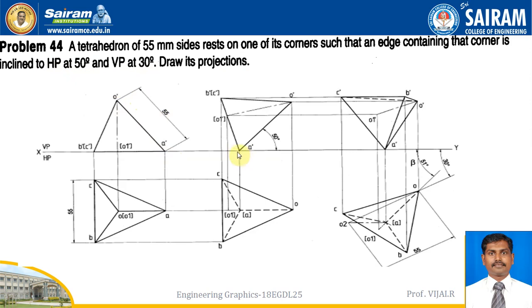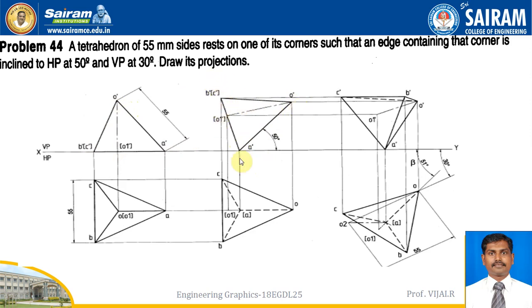So first keep a point, draw a line 50 degree to HP, and this distance, the 55, you have to mark it here. So AO will come. Then from this point, we already know A to BC, mark it here, and from O to BC, measure the distance here and mark it here.